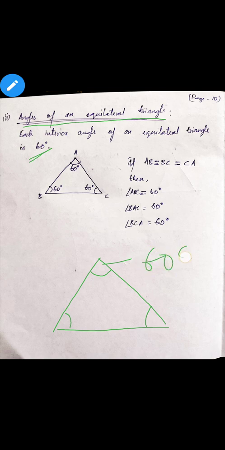We have learned that all the sides of an equilateral triangle are equal just now, right? So now what is the special property? The special property is that all the angles of an equilateral triangle are 60 degree each. This is 60 degree, this is also 60 degree, and this is also 60 degree. This is the second special property of triangle.